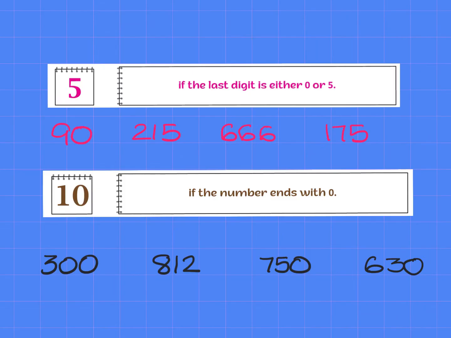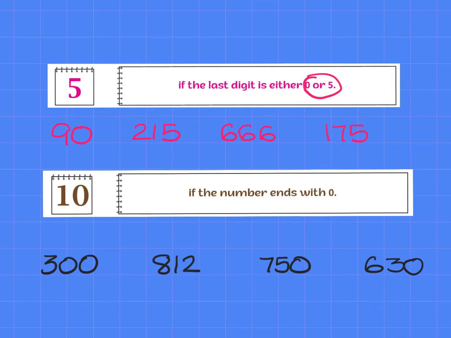Now, 5s and 10s are probably some of the first things people are aware of, simply because they can count by 5s and 10s in elementary school. The rule for 5s is that the last digit is either a 0 or a 5. So we're looking for numbers specifically ending in a 0 or a 5.